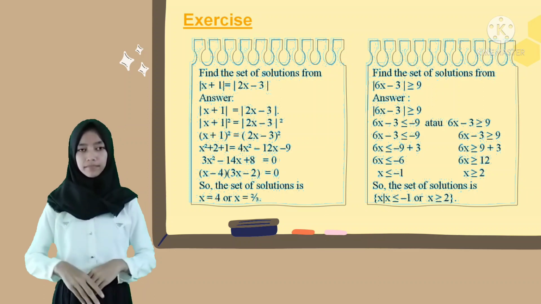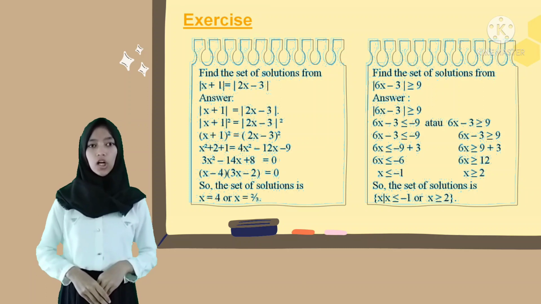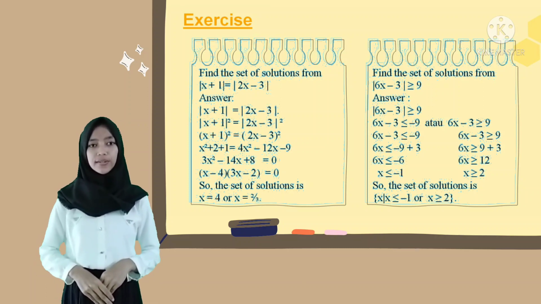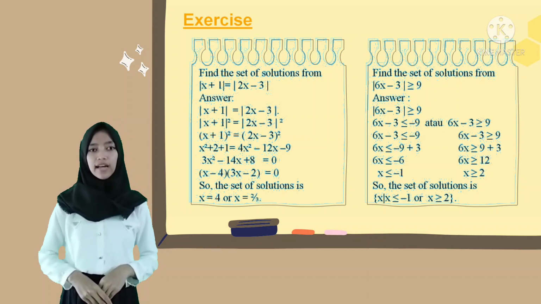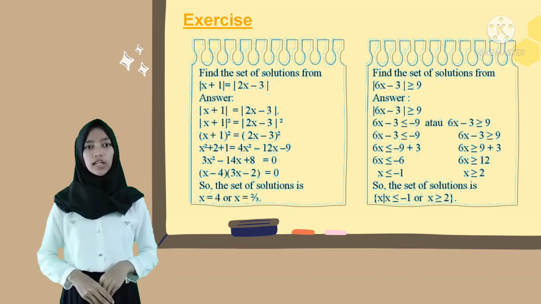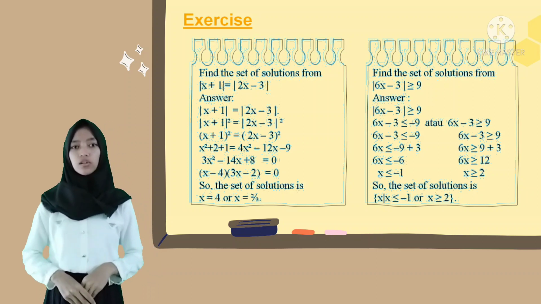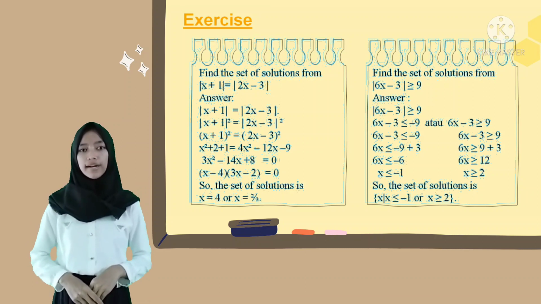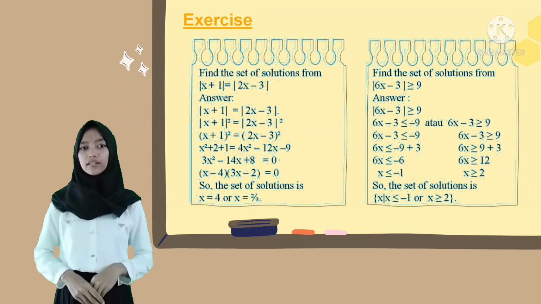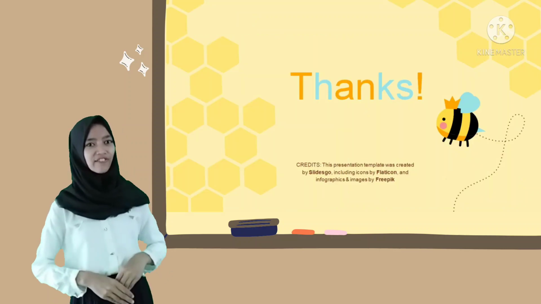Second, 6x minus 3 is greater than or equal to 9, so that 6x is greater than or equal to 12 and x is greater than or equal to 2. So the solution set is x such that x is less than or equal to minus 1 or x is greater than or equal to 2.